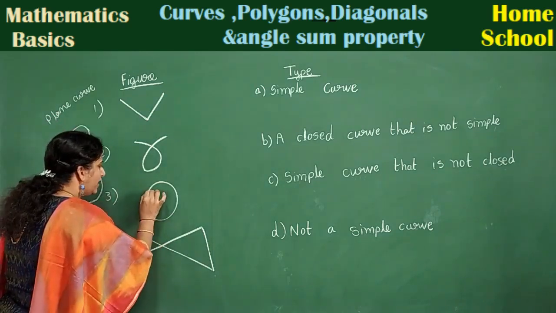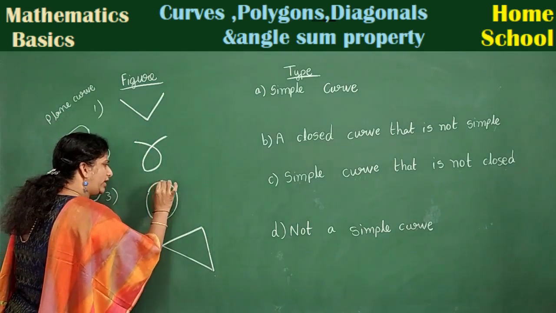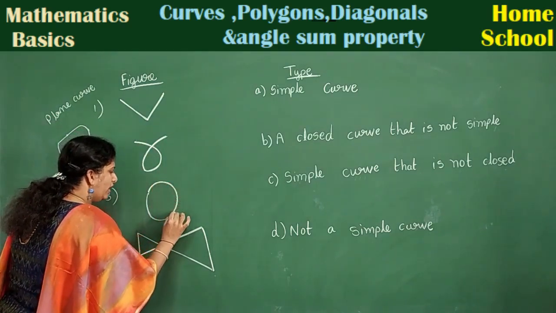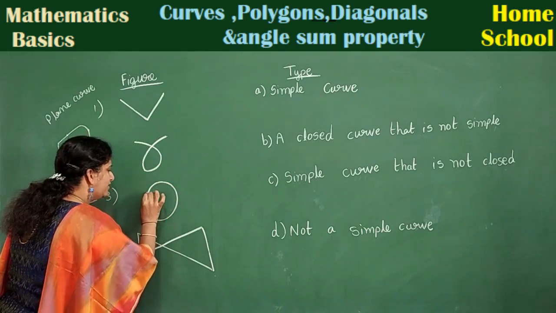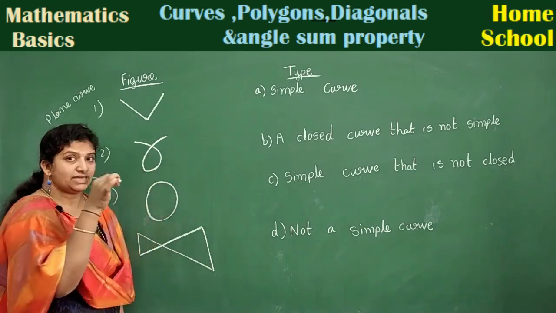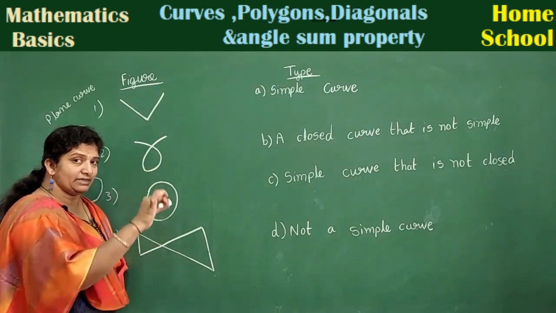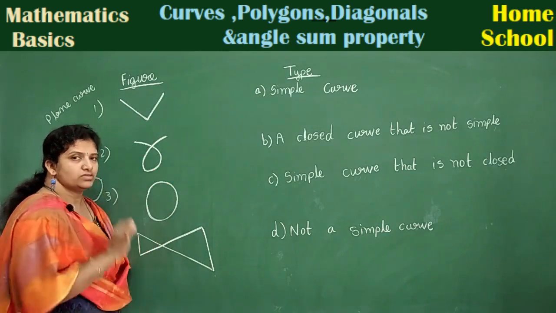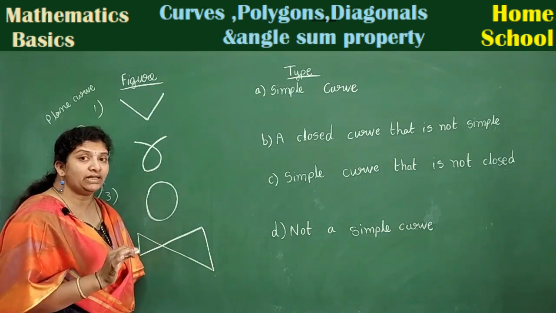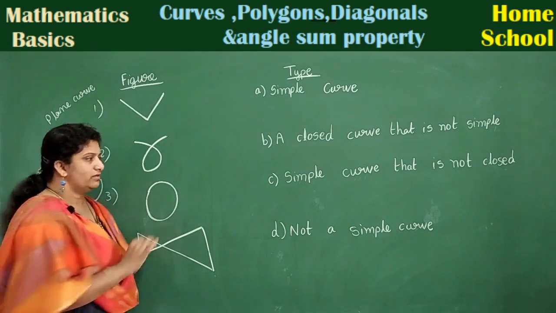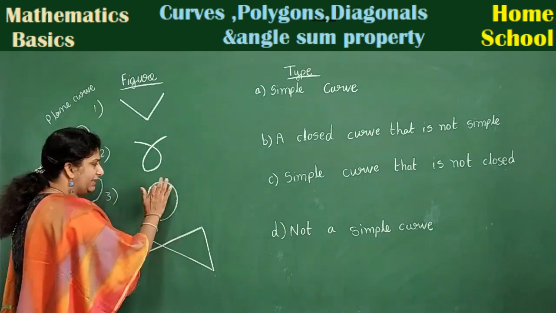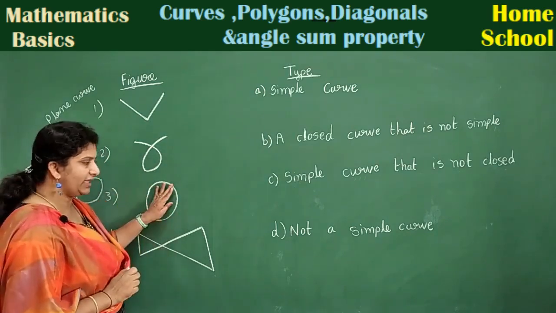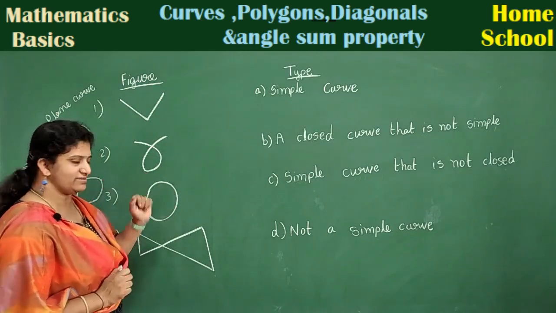Next one, if I start from any point, look here, how am I tracing? Yes, started from a point and ended at the same point. So it is a simple closed curve. This is a simple curve and it is closed, having interior and exterior regions.